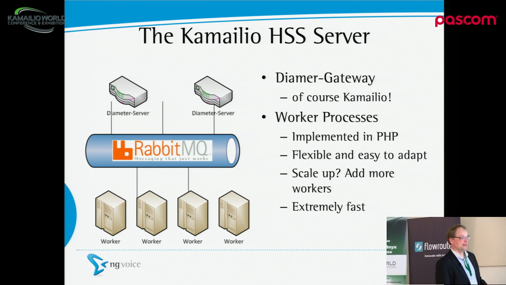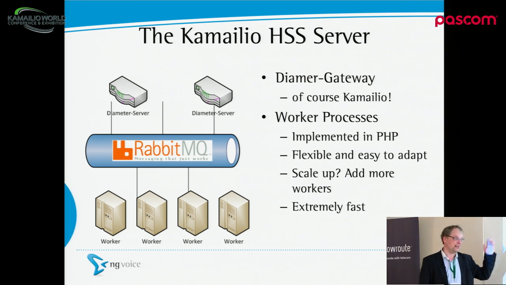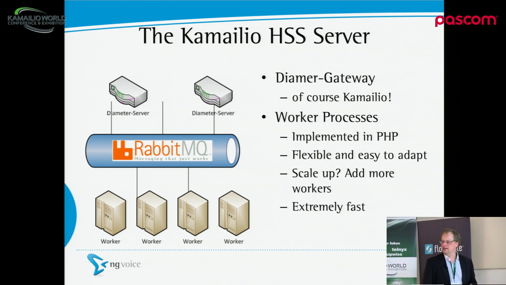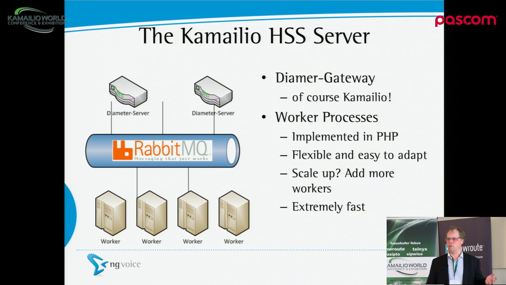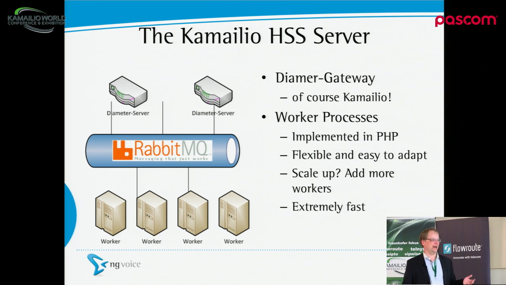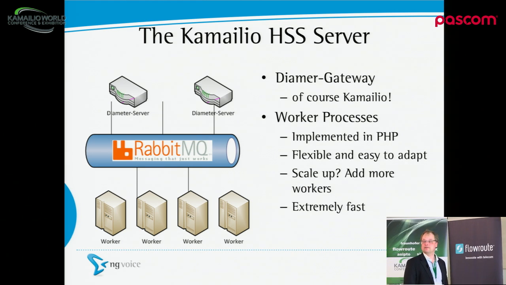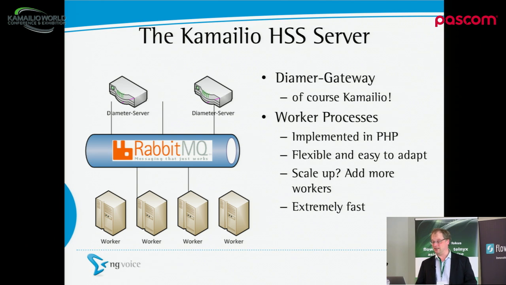But this setup, even with a PHP scripting language as a worker process, in total was like 10 times as fast, which was really like, wow, this is really great. And we didn't change the database behind, we didn't change anything behind, we just simply replaced the worker processes and the diameter gateways.